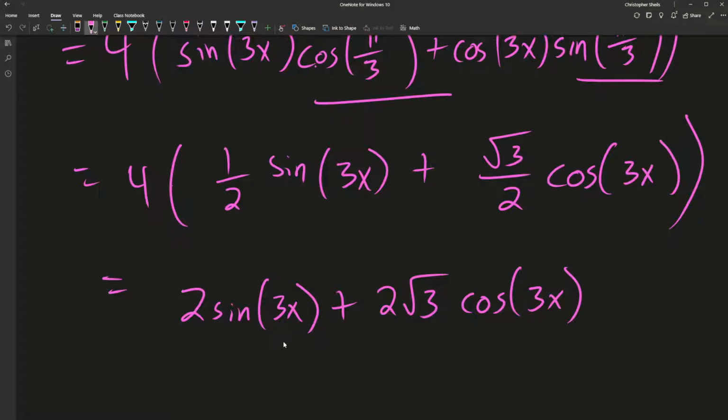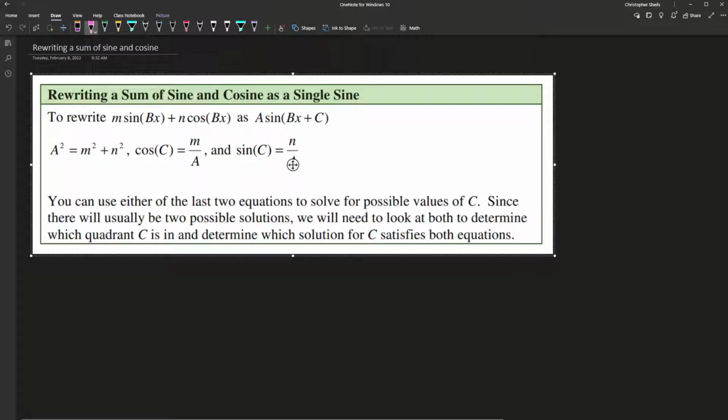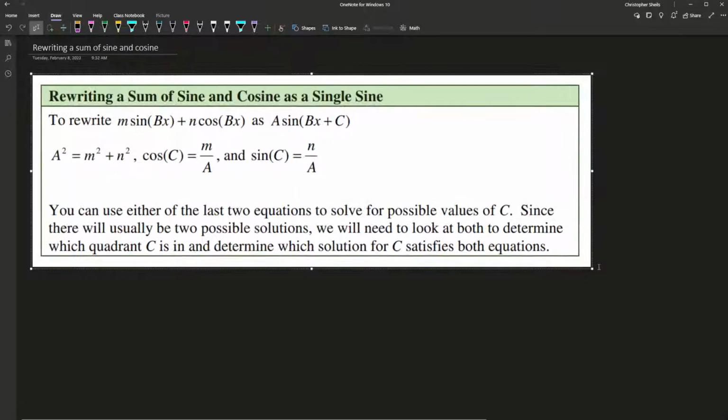So we might ask whether this process can be reversed. Can a combination of sine and cosine functions be rewritten as a single sinusoidal function? And in fact, they can. To rewrite m sine of bx plus n cosine of bx as a sine of bx plus c, you can find this a by using a squared equals m squared plus n squared.